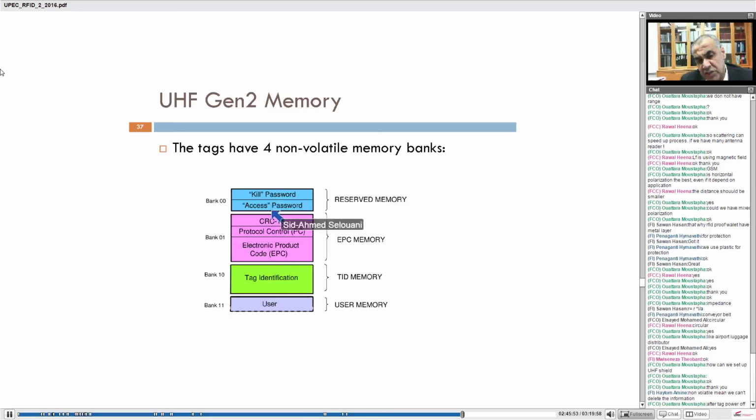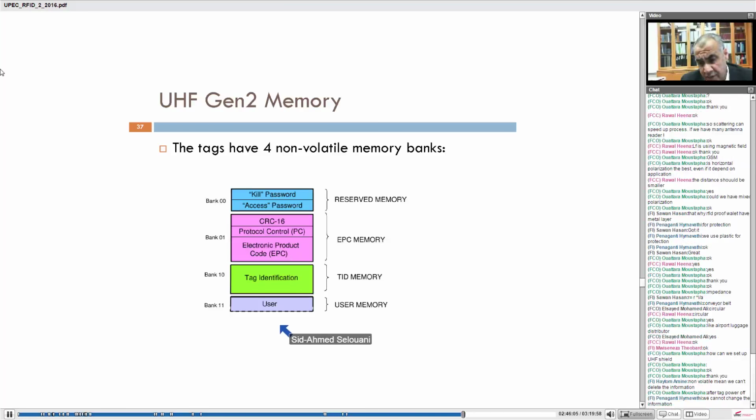It means that it's still here until you decide to remove it by command. So there is no power on or power off, because this information is saved and we communicate it with the reader when it is needed. If you want to change some of these, you can do it. Some we can change, some we cannot change.